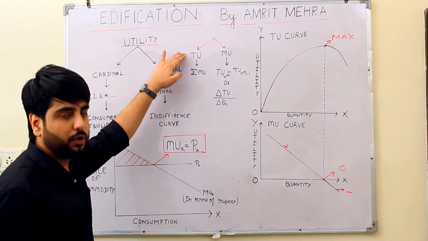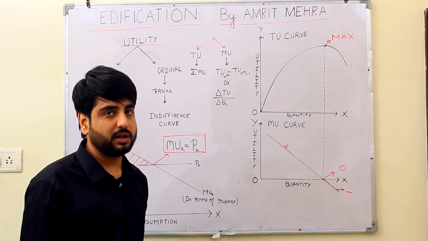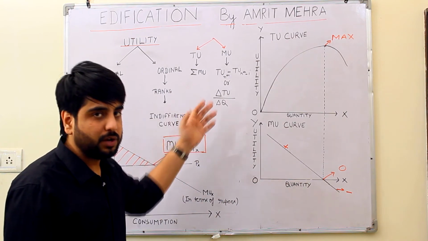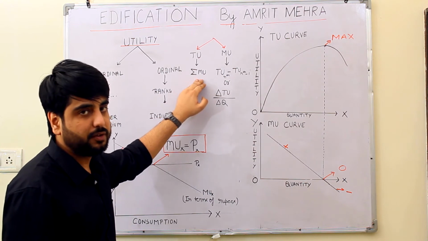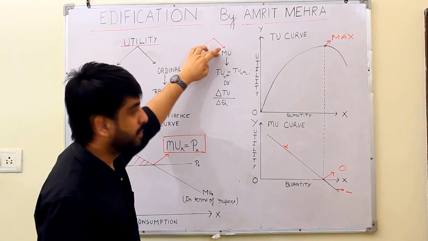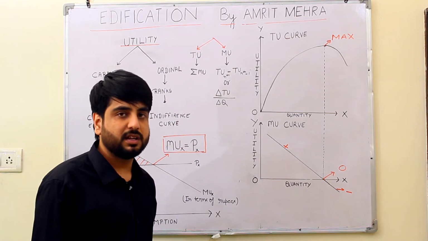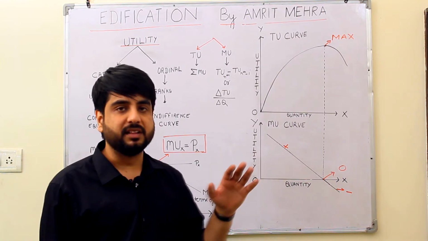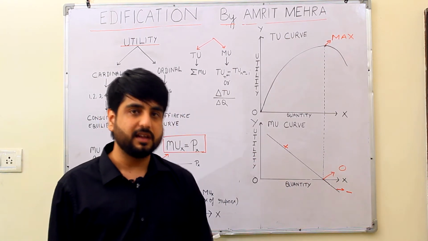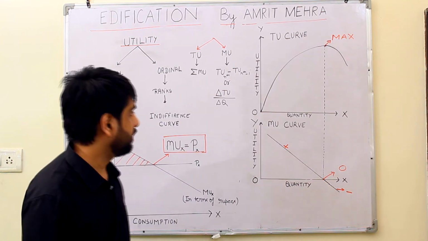The formula for TU would be the total of the MU values up till that unit. TU is found out by sigma MU, or totaling the value of MU, and the formula for MU is TU nth minus TU n minus 1, that is, total utility up till a certain unit minus the total utility for the previous unit.